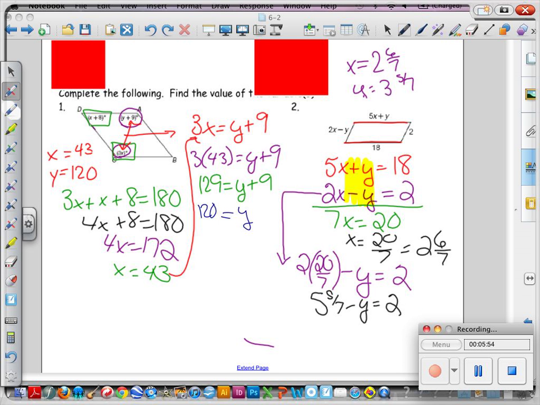Move your 5 5/7 by minusing it. Negative y equals negative 3 5/7. Y equals 3 5/7. Let's move on to the next problem.